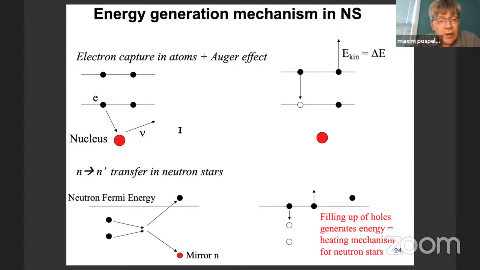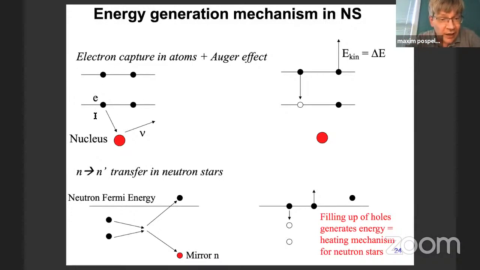So I wanted to illustrate the physics of how the energy is generated by making an analogy with electron capture in atoms. The next speaker, Richard, has worked on various dark matter detectors, where in germanium, if you look at the spectrum, you can see the structure of the lines that occur due to the electron capture on nuclei.